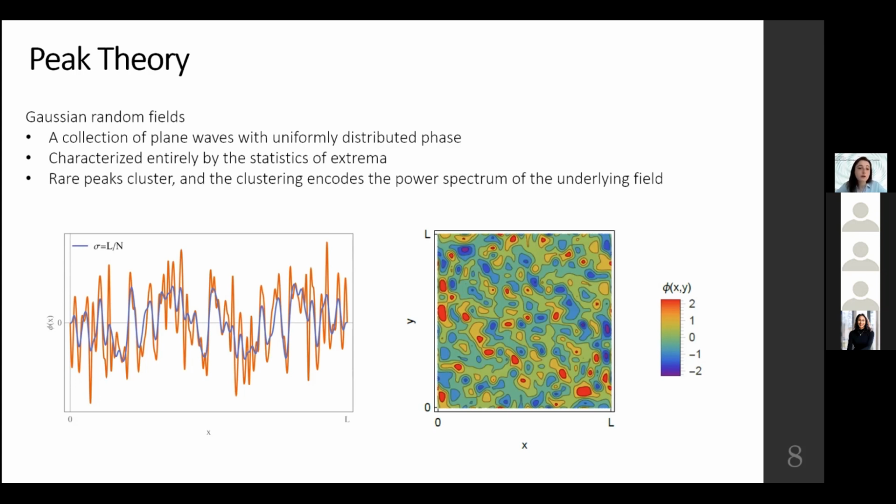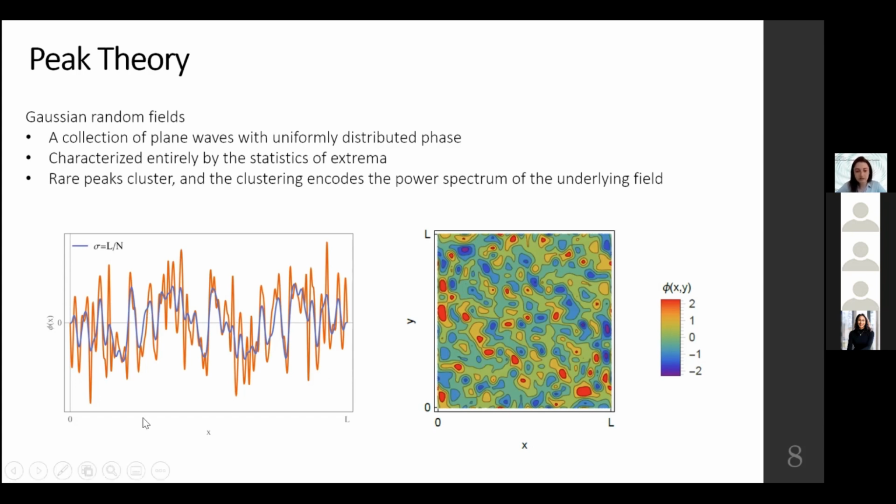And you can show that the rare peaks cluster. And in the statistics of this clustering, of this correlation function, you can encode the power spectrum of the underlying field. You can fully describe the underlying statistics by looking only at the distribution of peaks.